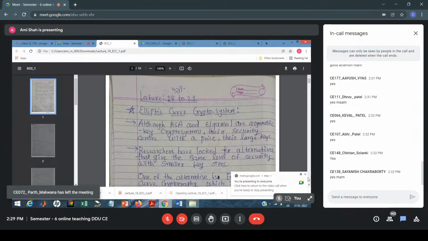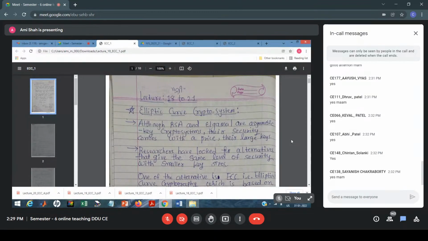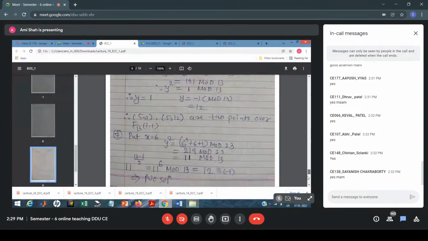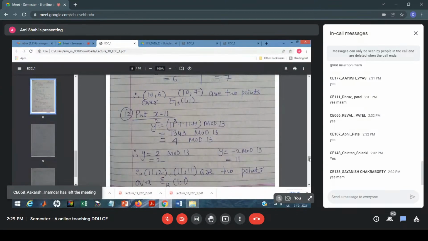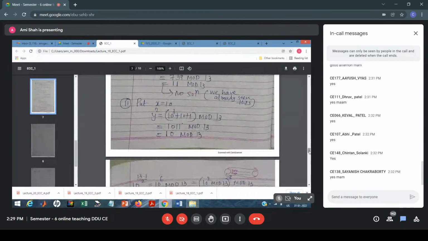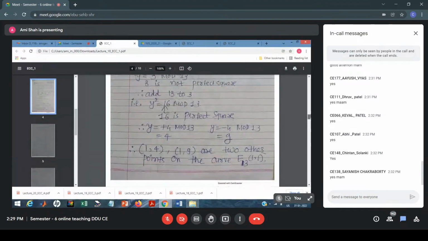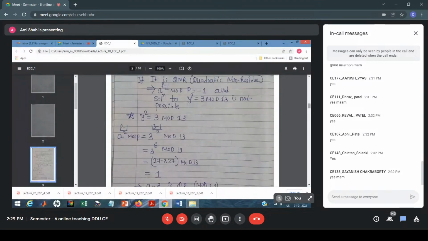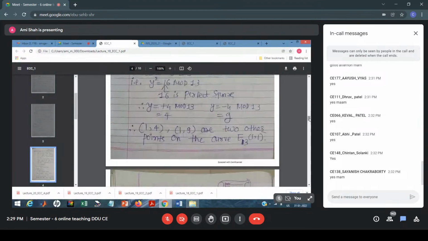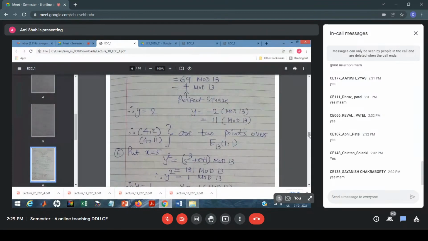Okay, so, just wait. Okay, so see, up till now, I'm not repeating once again, but the ECC topic, elliptic curve cryptography, the first chapter, the first point that we have discussed, that is how to generate the points, right?